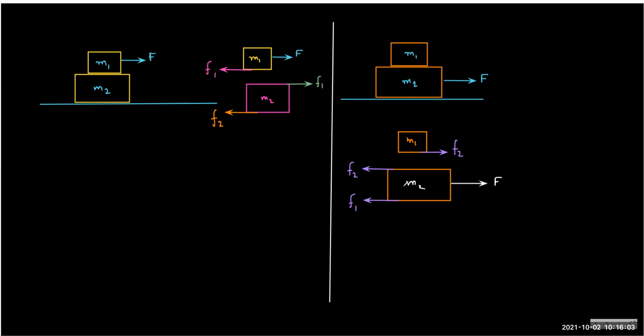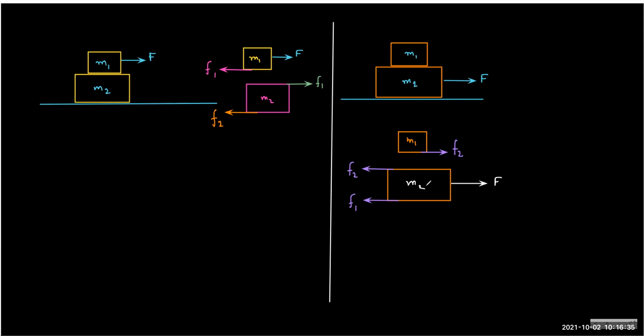Then F1 itself will balance the block completely, and M2 will never have a tendency to go right, isn't it? So imagine, yes, F1 is sufficient to balance F. Why will F2 develop? Because F2 will develop only when there is a tendency. The moment you pull F, the lower block, if the ground is capable of stopping it, it will never develop the F2.